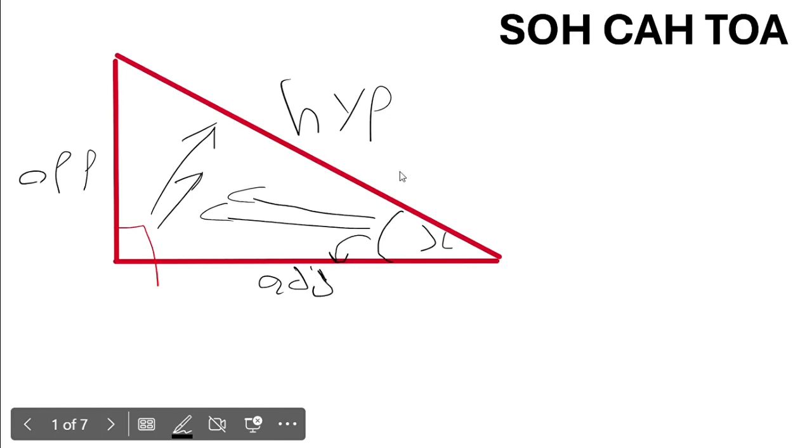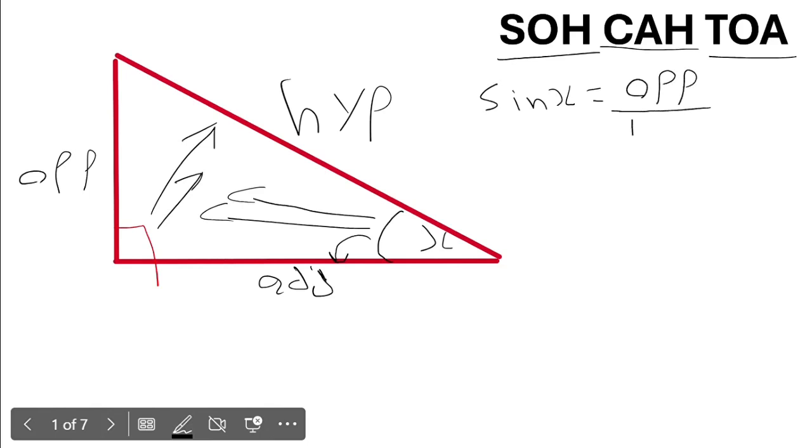Now, here we have SOH CAH TOA. Sine x equals opposite over hypotenuse.